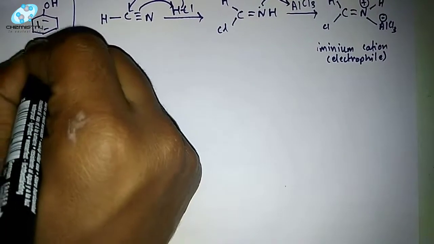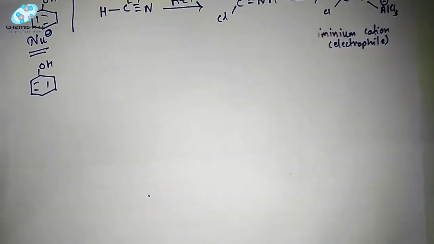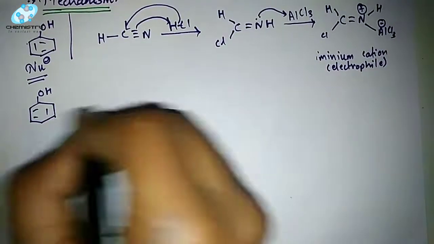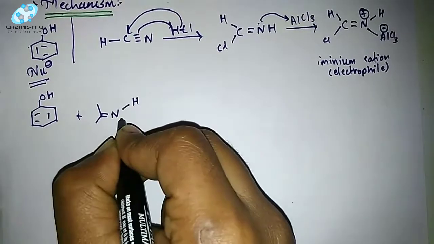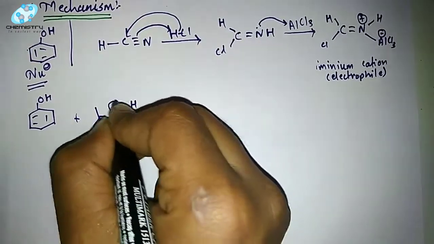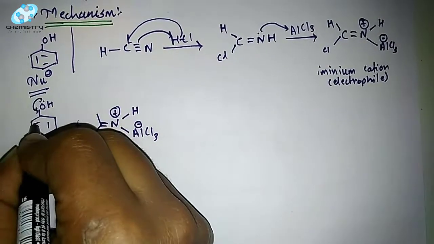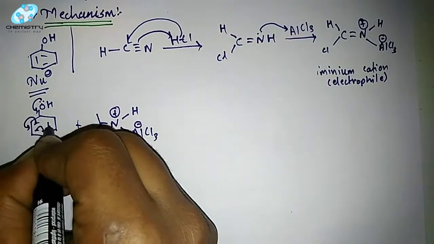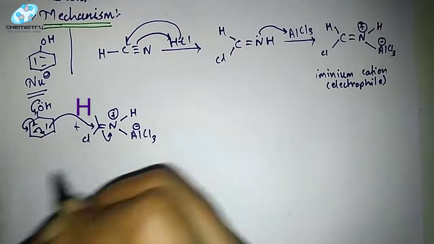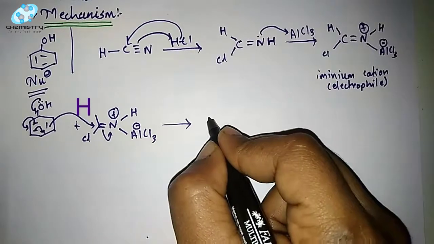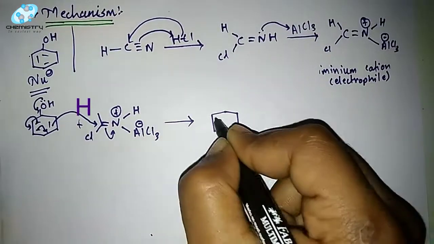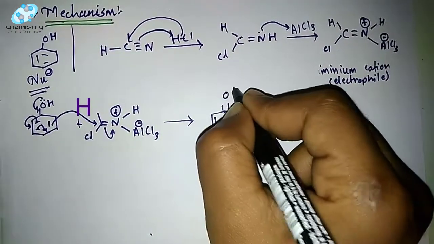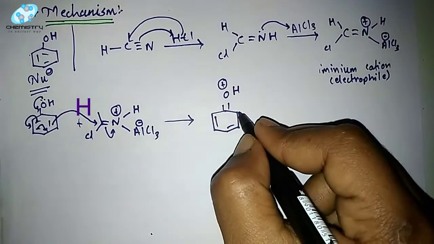We have phenol, which is nucleophile. So this nucleophile and electrophile will now come together and they will react. Phenol being nucleophilic, that means it is an electron rich species. So it will donate the electrons to the carbon, which is electrophilic due to the positive charge on nitrogen. So here is the next species.